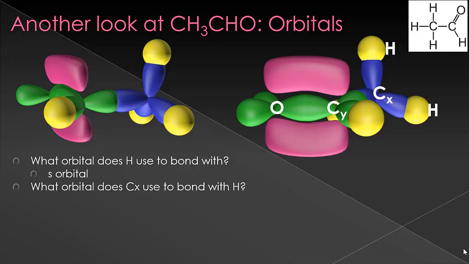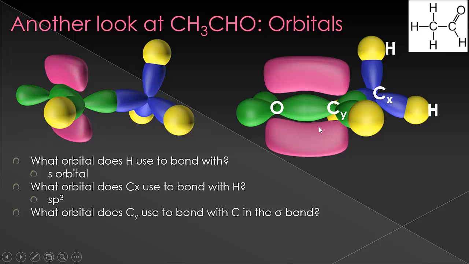Now, what about the CX? Here that's the one that has all three hydrogens associated with it. We said that the C right here was sp3 hybridized. So since it's sp3 hybridized, it's using its sp3 orbitals to bond to each of the hydrogens.